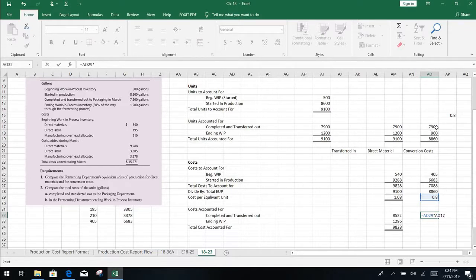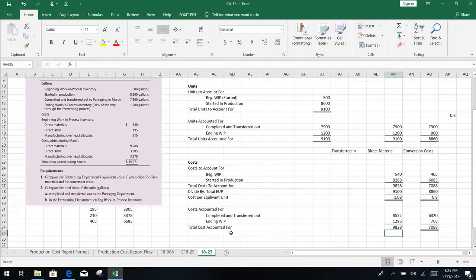So let's click that, enter, and this equals our value, the rate, multiplied times the amount that is in our ending work in process. So there's 960 and we're going to click that. AutoSum. That's correct. And let's format it.